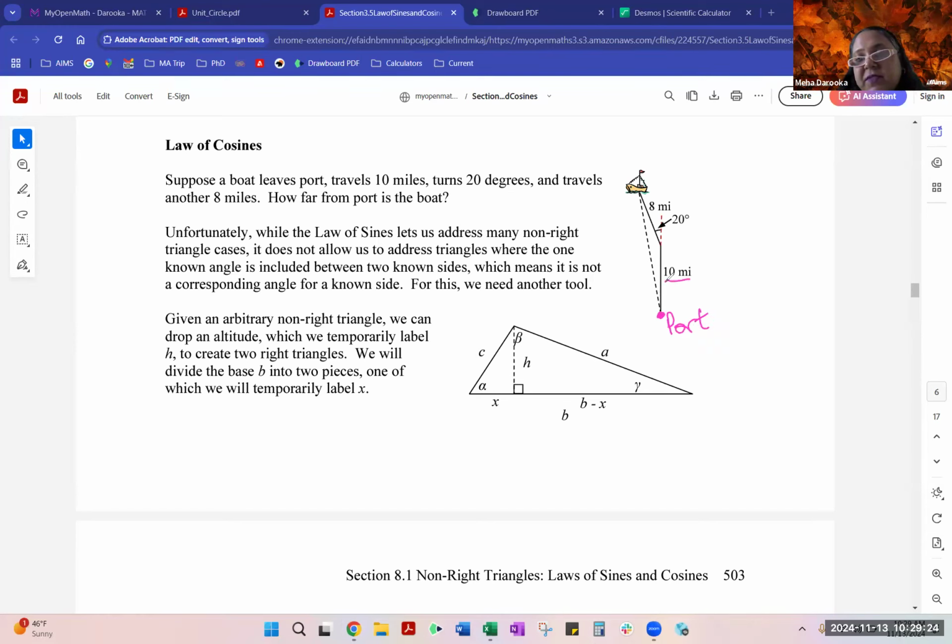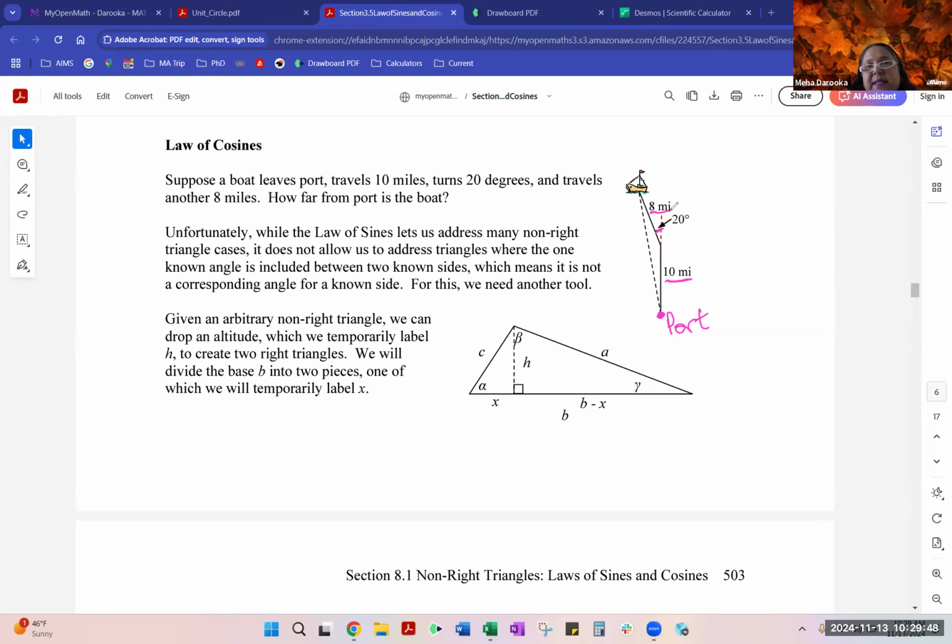So we've got our distance of 10 miles here. And then it turns 20 degrees. So it's got to be with that north-south line that you have to measure the angle 20 degrees. So this angle over here is 20 degrees. And then, of course, they're telling us it's traveling another 8 miles. And from that position, they're asking us to find what the distance would be.